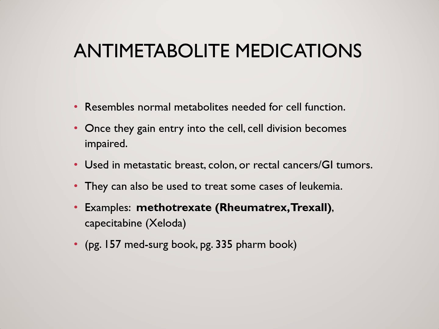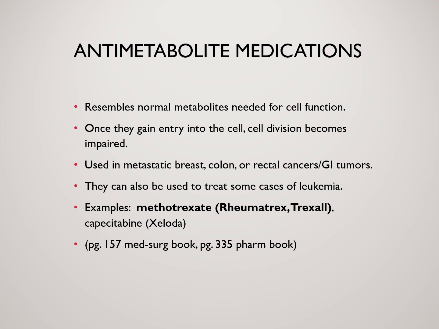Anti-metabolite medications. These are also found on page 157 of your book. So they gain entry into the cancer cells and they impair the cell division. They're used in metastatic breast, colon, or rectal cancers, GI tumors, sometimes used to treat cases of leukemia.